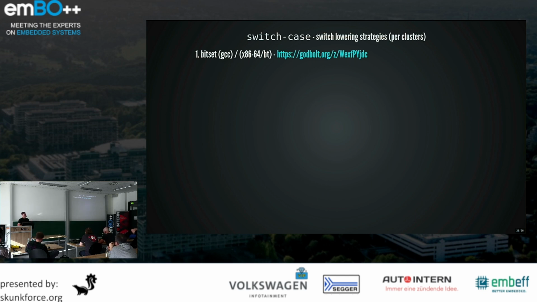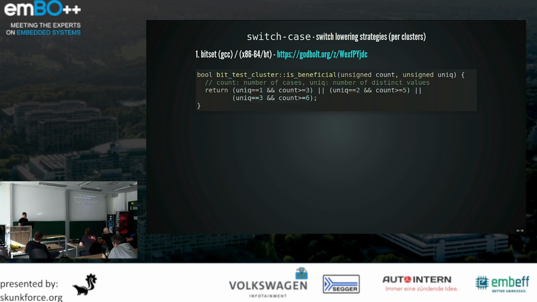Bit test is not available on ARM, so if you're using ARM it will generate some shifts instead. So it's interesting, but not that interesting in our case. The code you can take a look at will be just one instruction, move the bit mask into a register, and after that, a BT instruction. That's it. It's pretty cool, pretty fast. Only GCC is doing that. Clang doesn't do that, just for the record.